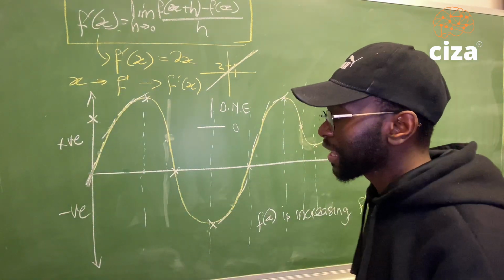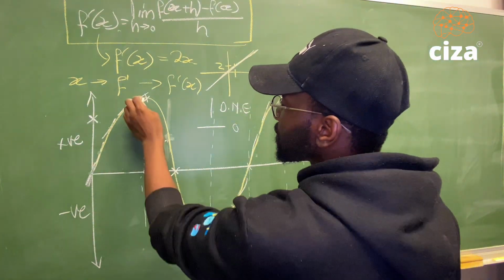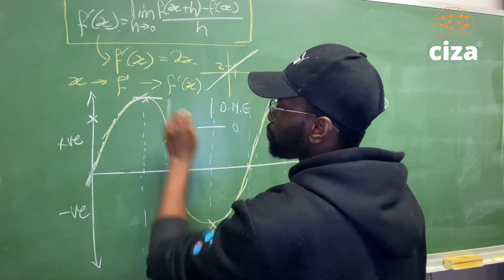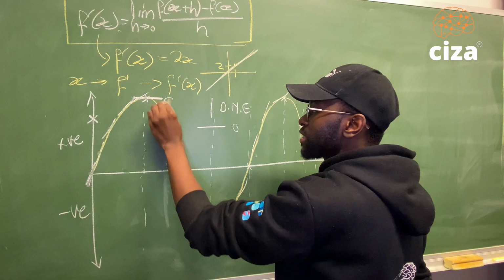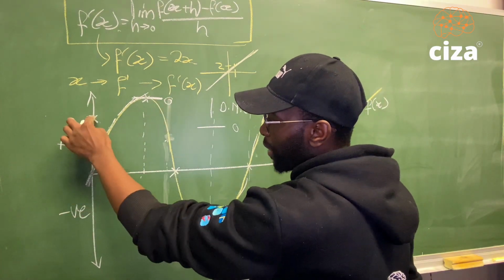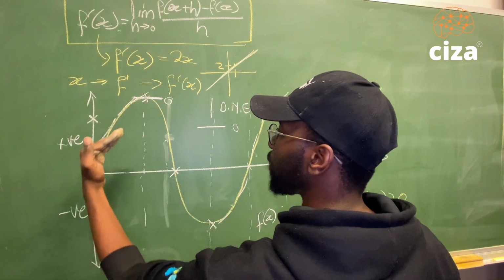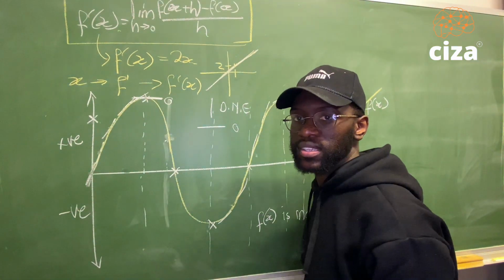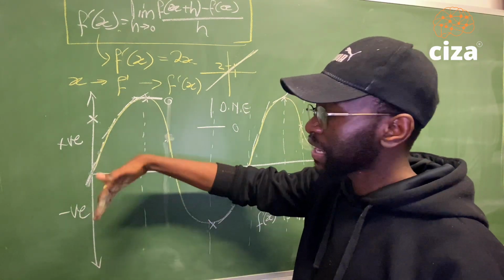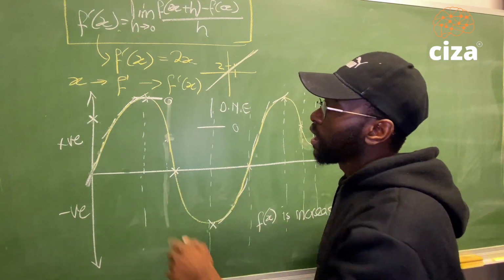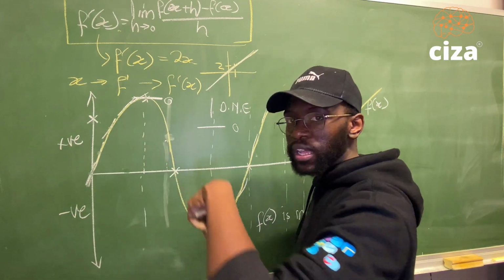Now, what you have to realize is that these tangent lines, as they go until they reach this peak point here, the gradient here is 0, and here it's some high value, which means that as they move like this, the gradient reduces. And we say that if you move on a curve and the gradient keeps reducing, that function at those points is concave down.